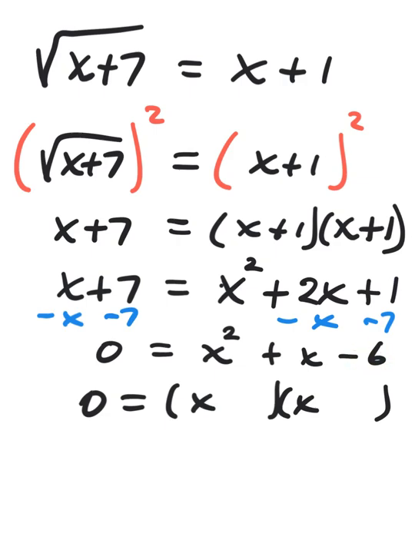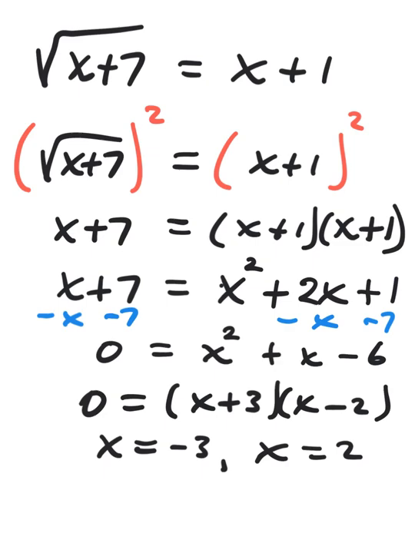That's the constant on the end. So we need two numbers that will add up to 1 and times out to negative 6. The first set of parentheses equals 0 if x is negative 3. The second set of parentheses is equal to 0 if x equals 2.